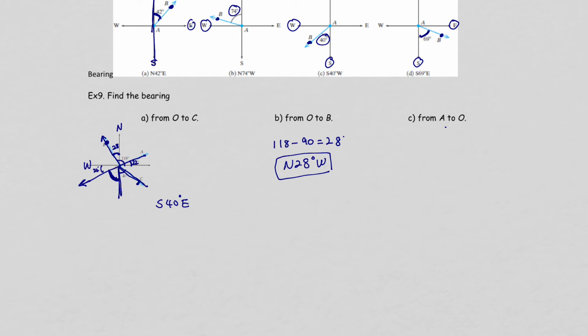If we subtract 90 degrees minus 22, we get 68 degrees. So this is 68 degrees from the south. So south 68 west will be the bearing of that problem. So direction is also important, which direction we're going.